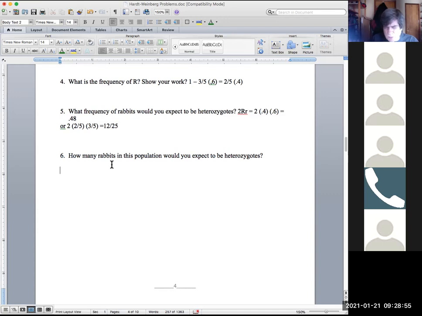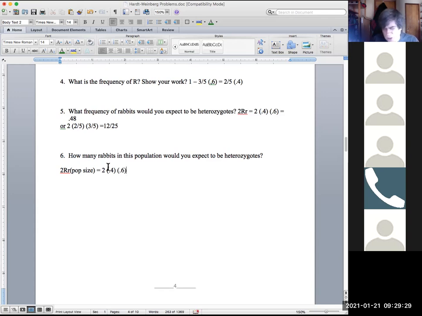Well, here, what we need to do is we're going to take the frequency. So we're going to take 2 times big R times little r, but then we have to multiply by another factor. And that factor is the population size. So this is going to be 2 times 0.4 again, times 0.6 again.